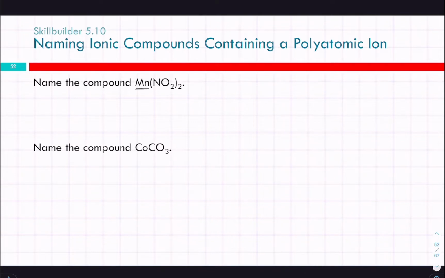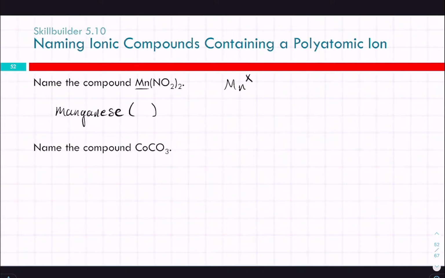It can form, I think, 2+, 4+, 5+, and 7+, maybe 6. It can form several different charges. It makes a nice purple color. So this will be manganese, and then we need to determine what that charge is. We could write it out like this, MnX, and then we'll use our anion, in this case an oxyanion, to determine what that charge on manganese actually is.